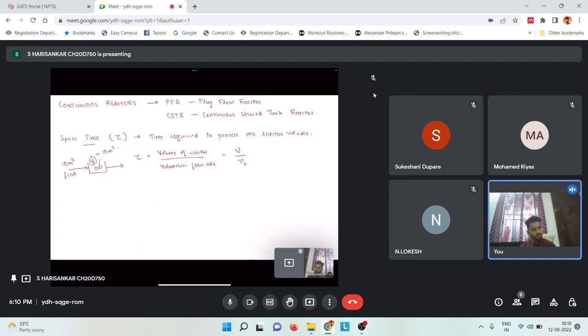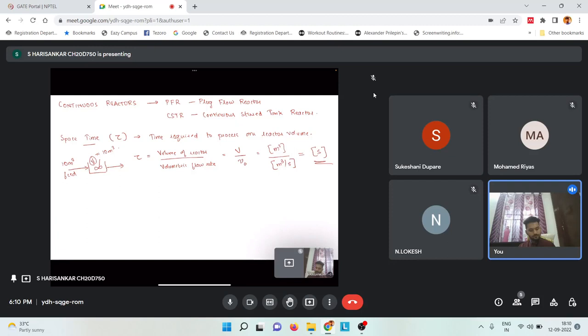And the unit of tau is basically, for volume we have meter cube, and for the volumetric flow rate, meter cube per second. So the unit comes out to be second. Again, space time is the time required for the reactor to process one reactor volume of a reactant. So this is called space time.